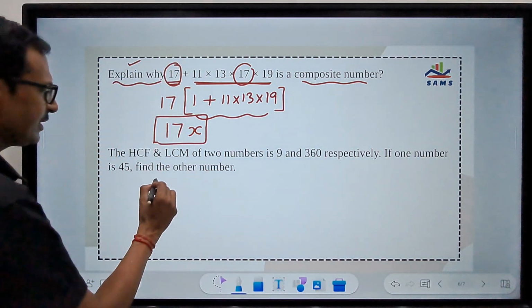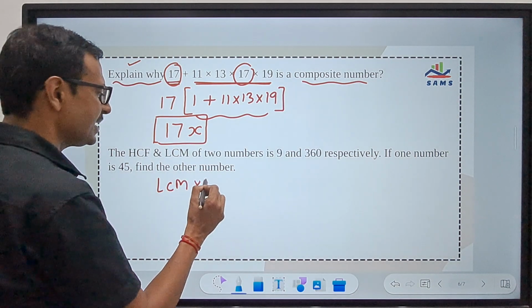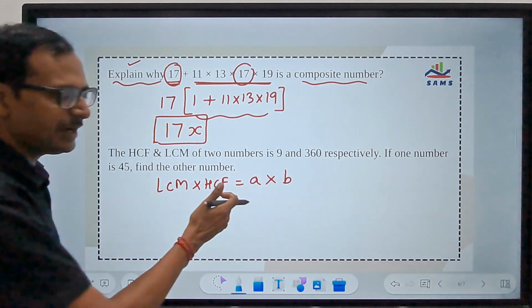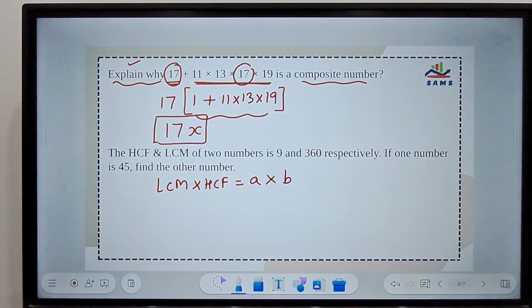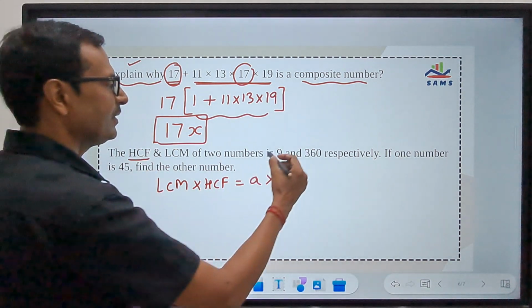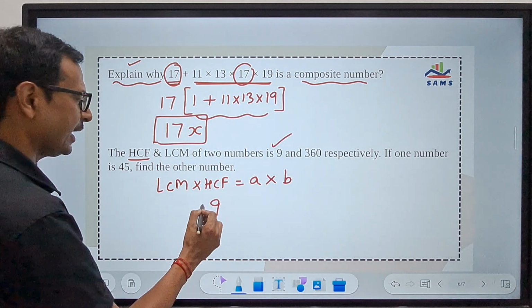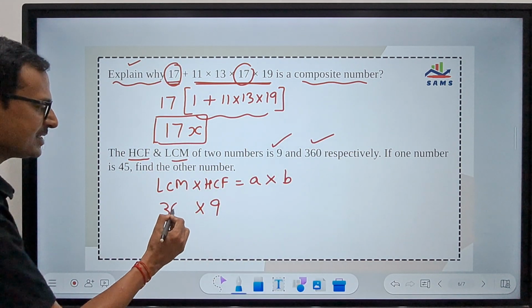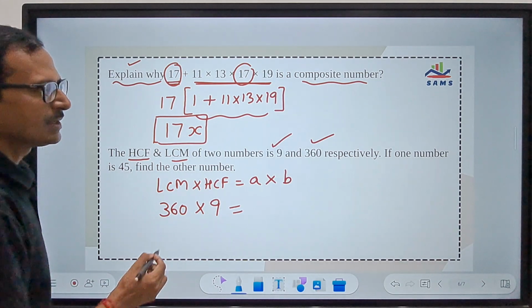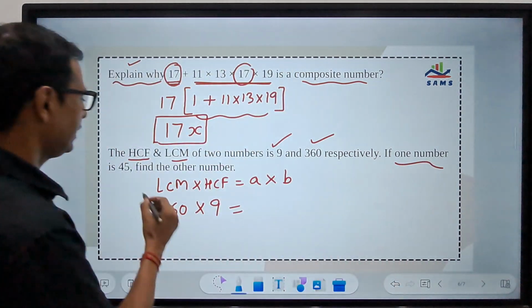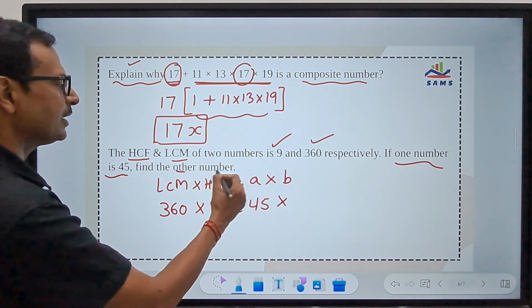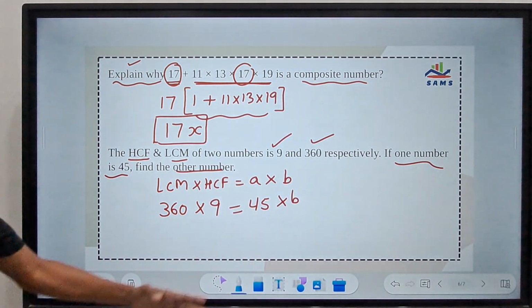Let's see this one now. Again based on the same thing, LCM times HCF is equal to the product of numbers. Say the numbers are A and B. Let's see what is given. The HCF is 9. So let's put here 9. And the LCM is 360. So let's put here 360 equals, if one number is 45, so let's call A as 45. We need to find the other number, that means B. And pretty simple now.